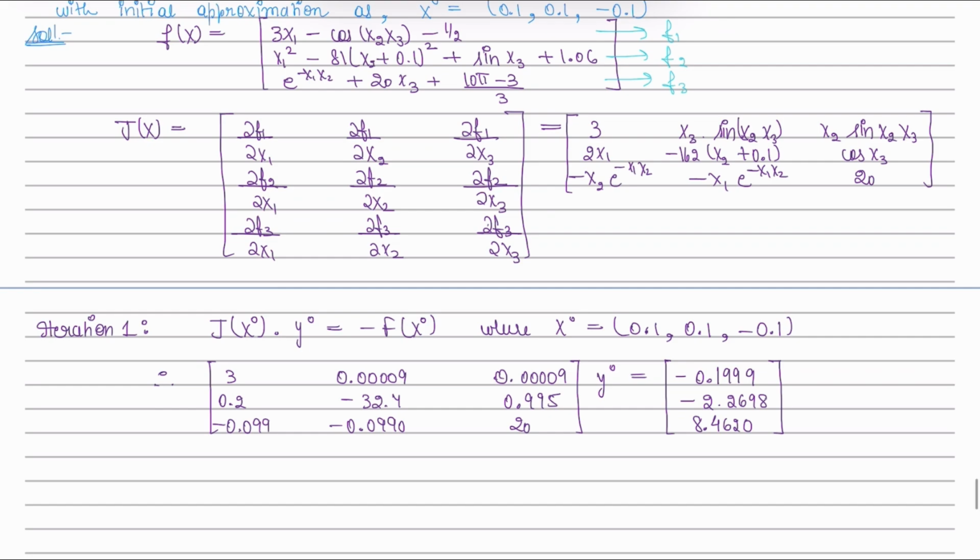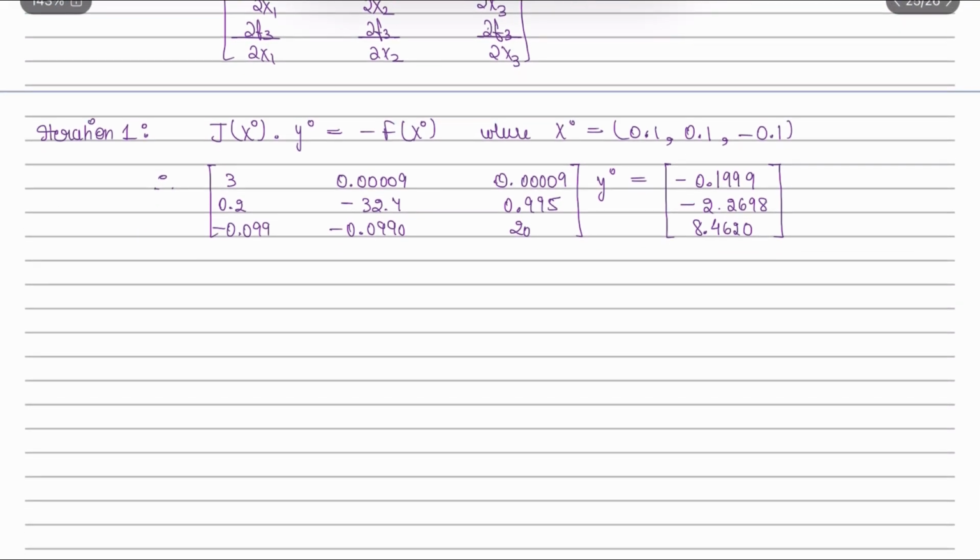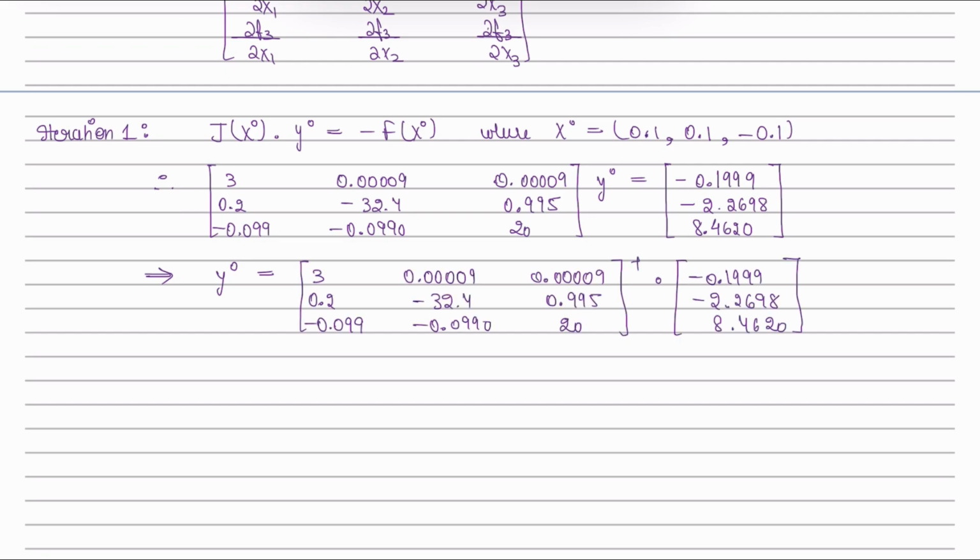From here we can find the value of y naught by multiplying the inverse of the Jacobian matrix on both sides, and we know the value of y naught is x1 minus x naught. For the next iteration we need the value of x1, and we already know the value of x naught here, which is 0.1, 0.1 and minus 0.1.